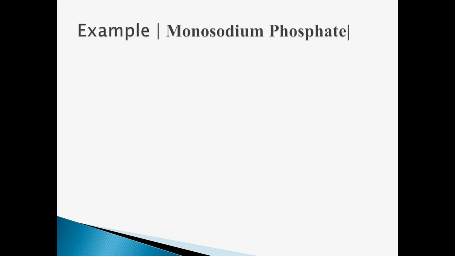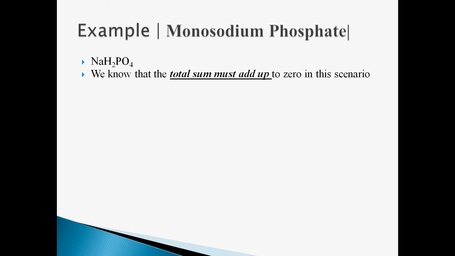We're going to move on to another example now, monosodium phosphate, and its chemical structure is NaH2PO4. Once again, we identify what atoms are present within this molecule. We know that the total sum must add up to 0 in this scenario, as I have not given it a positive or negative charge.